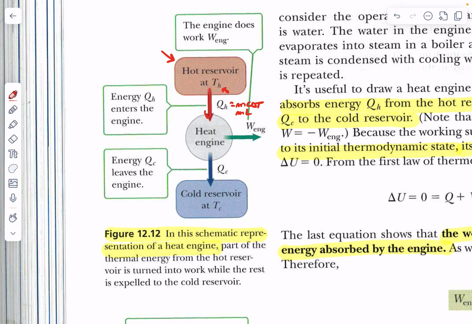And this engine then does work. The work, of course, is what's going to make the wheels go around, for example. And then the energy that's left over, the energy that is at a low temperature and not sufficient to drive the engine, has to be exited out the exhaust. Maybe this heat is going to be captured in a reservoir of water, and then the water slowly cools down to the environmental temperature, the temperature of the environment, before it's put back, say, into a river or a lake, or maybe it's exhausted into the air.